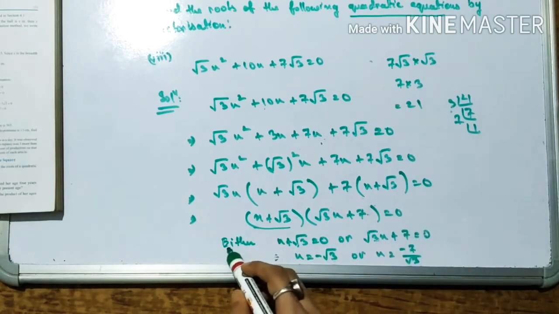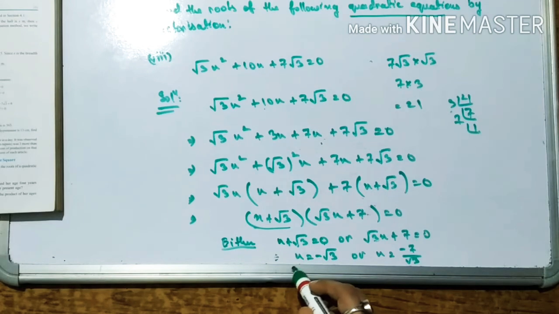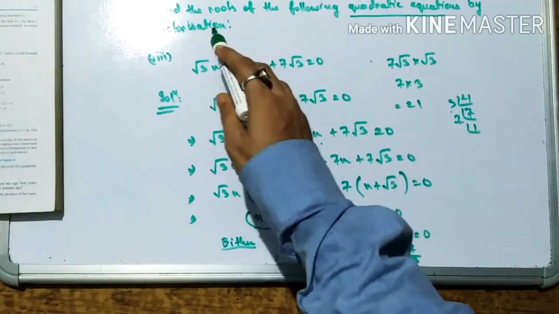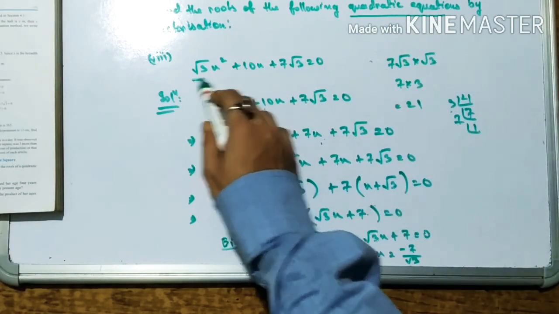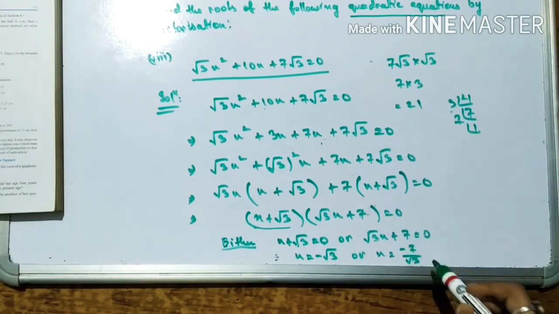So either this is equal to 0 or this is equal to 0. So x is equal to minus root 3 or x is equal to minus 7 by root 3. Therefore, last line you can write: the roots of the quadratic equation are minus root 3 and minus 7 by root 3.